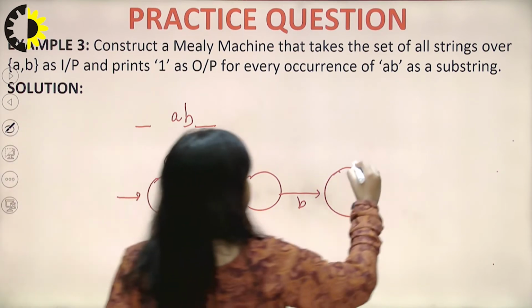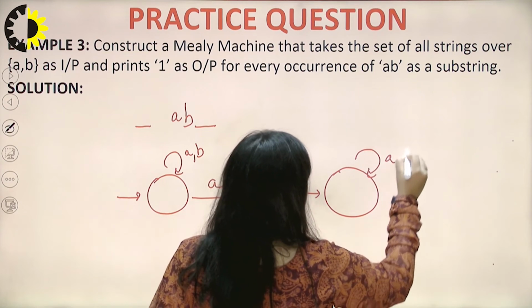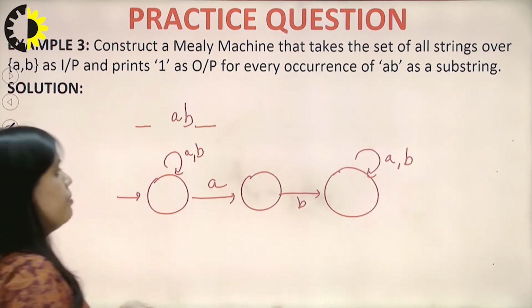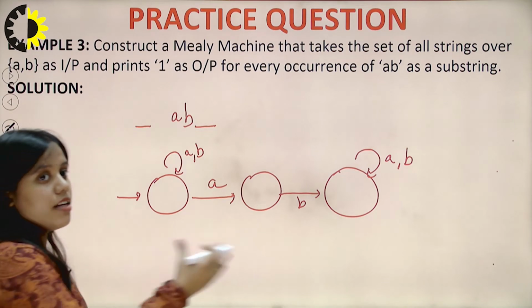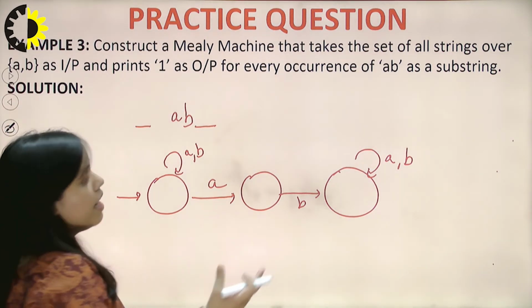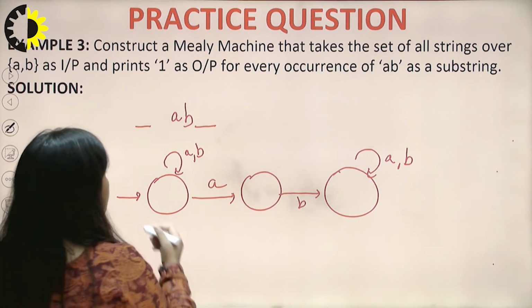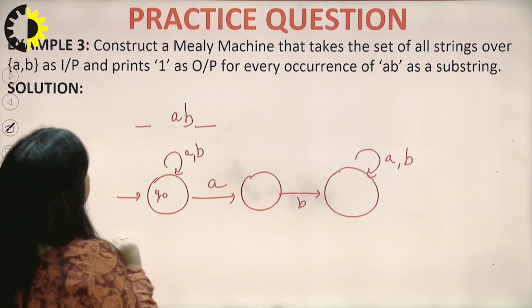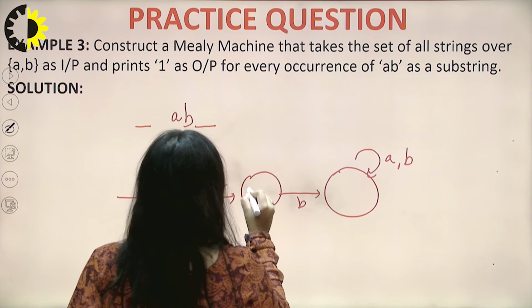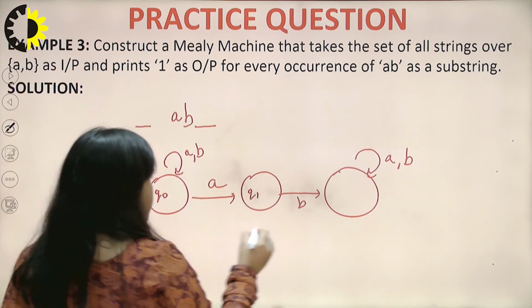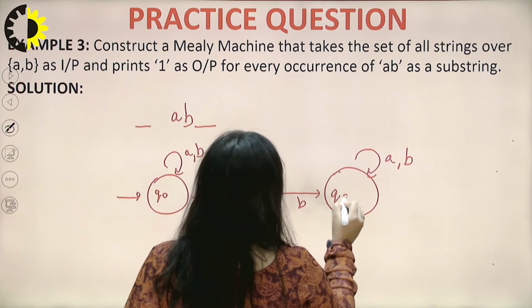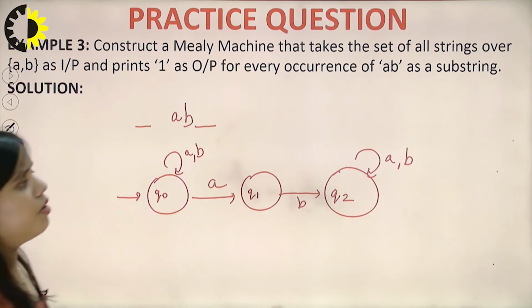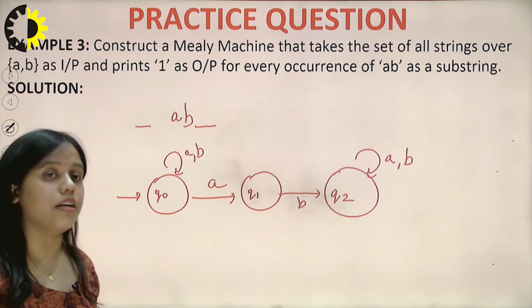Okay, and further a, b. So AB has to be there, and at the start and at the end it can go to anything. Now we are drawing Q0, Q1 and Q2. So this was the NFA or the finite machine that we had drawn.